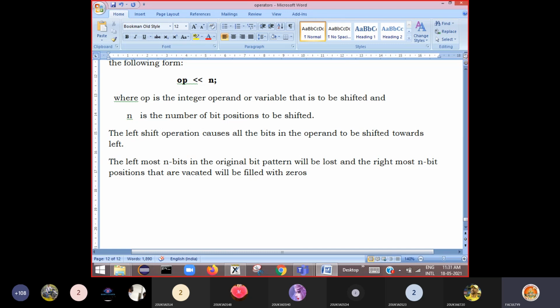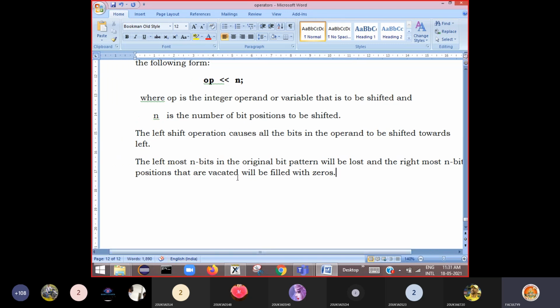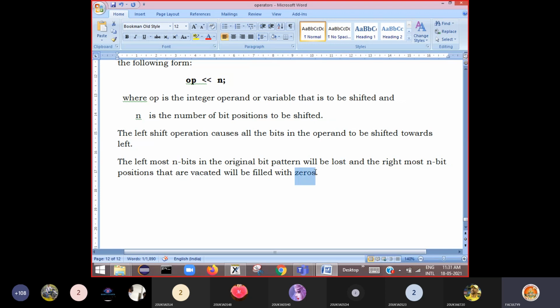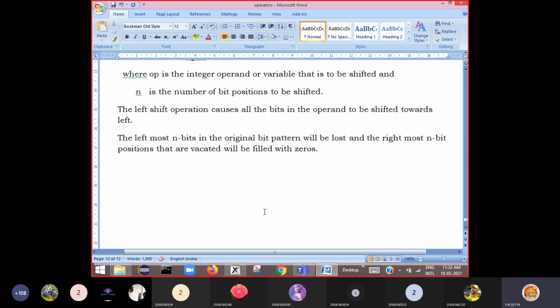Okay, so try to understand this here. When you move all the bits towards left here, the leftmost n bits will be lost because they are moving away. And on the right side, an empty space is created. N bit positions of empty space will be created, and that space will be filled automatically with zeros by the compiler. Okay, clear?